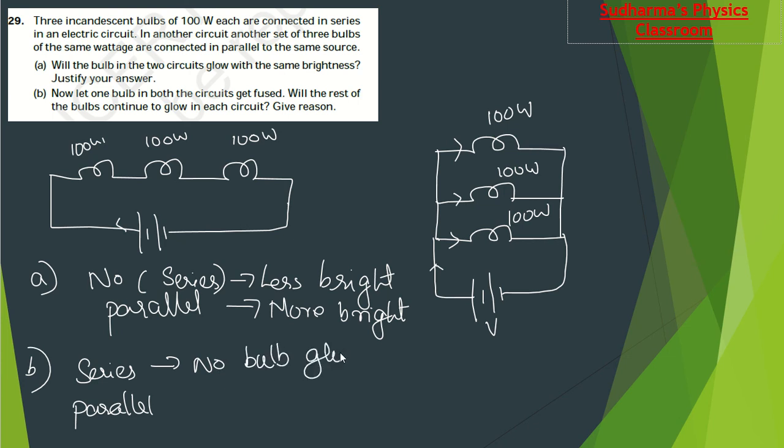Other two bulbs will glow in the case of parallel connection, because in parallel connection, each one is working in its own separate connection, right? So it will glow. Even if one of the bulbs gets fused, other bulbs will not be affected because of that. That is why we prefer parallel connection over series connection in household circuits. Okay, so that's about this question.